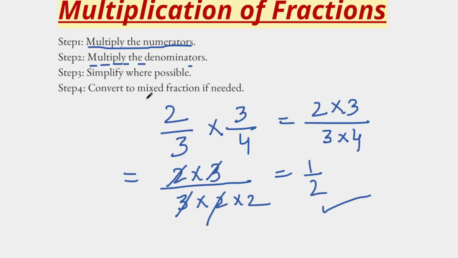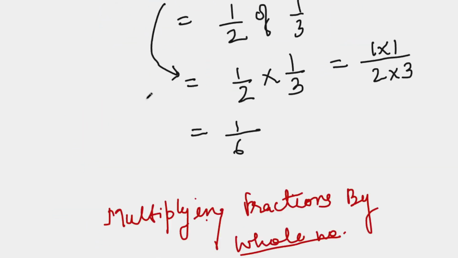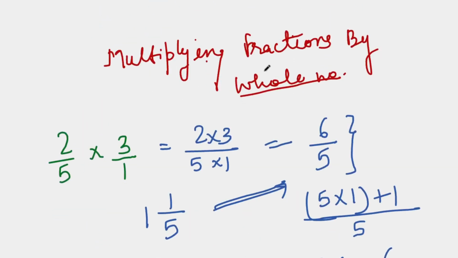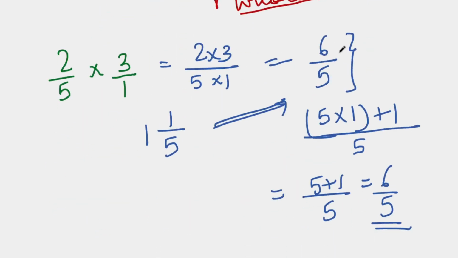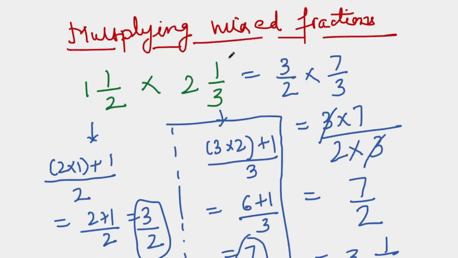If the answer is improper fraction, we convert it into mixed fraction. All right. Then we learn how to multiply fractions by a whole number. Just put the denominator 1 in the whole number, and then it becomes normal fraction by fraction multiplication.